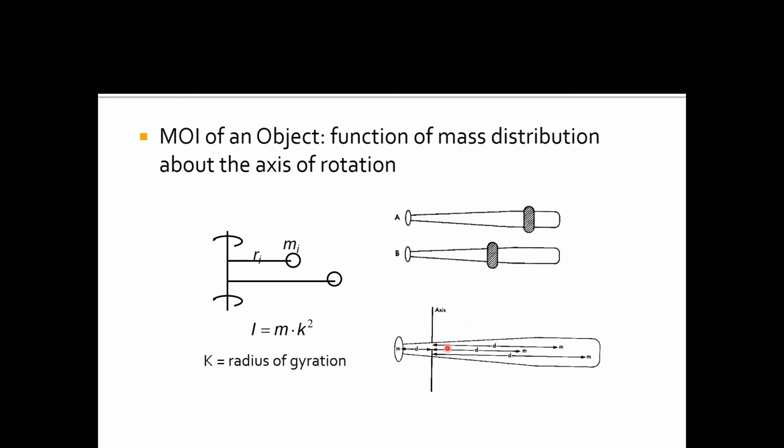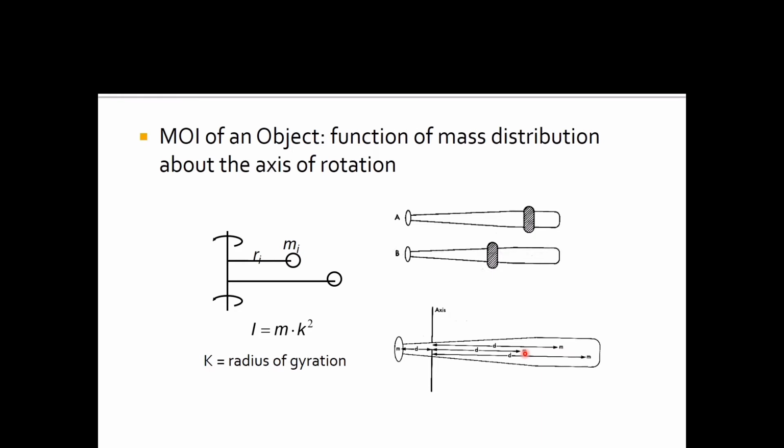Theoretically, as you can see here, even this single bead is composed of a number of mass particles. Here, mass particle number 1, mass particle number 2, mass particle number 3, and so on. And in order to calculate the moment of inertia of this bead, you have to add all the small mass particles' moments of inertia, theoretically.